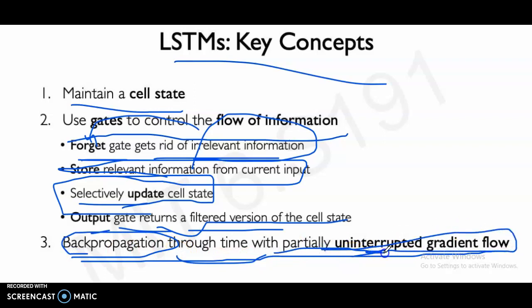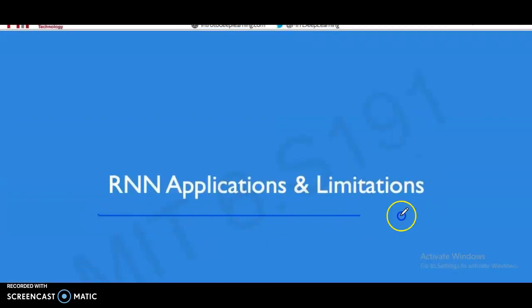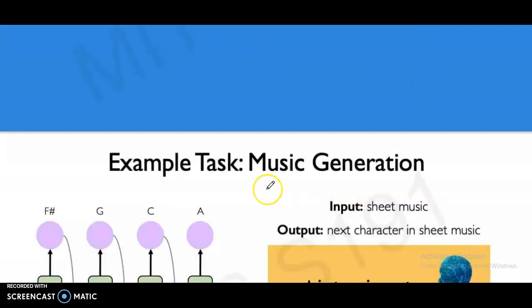This is very important: the gradient flow continues without interruption. This is backpropagation only, not forward propagation. The forward function goes in the forward direction, and this one goes in the backward direction.